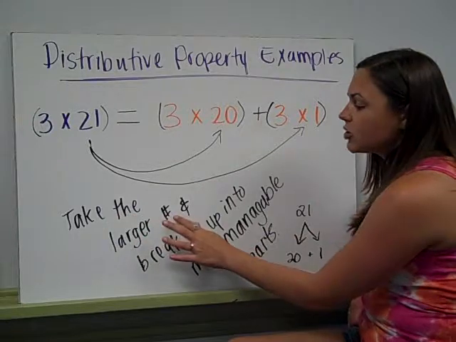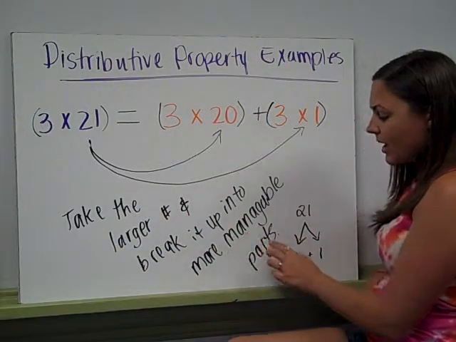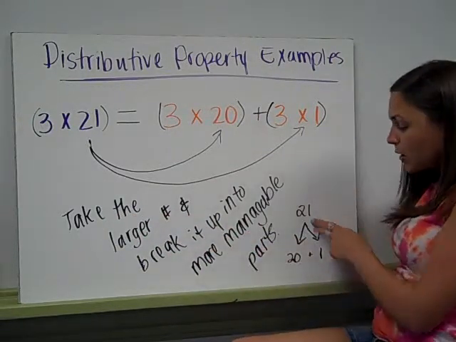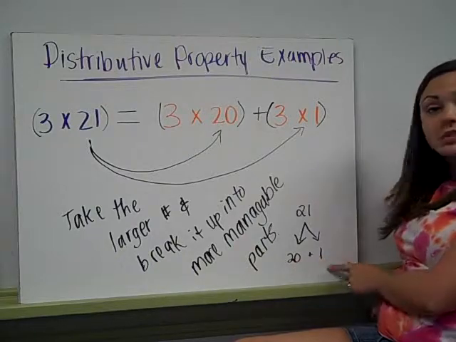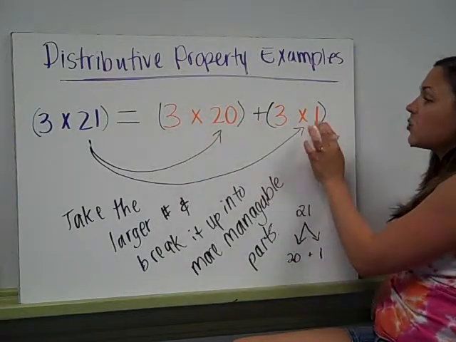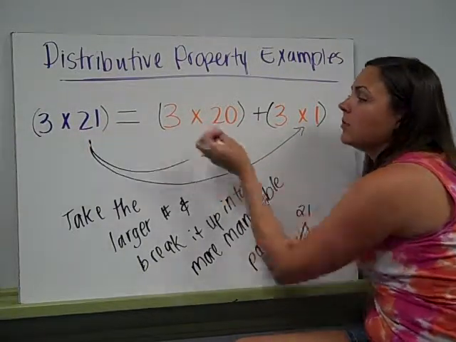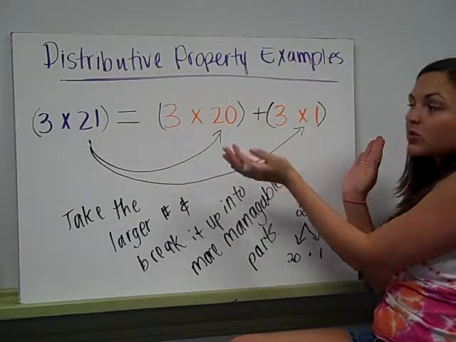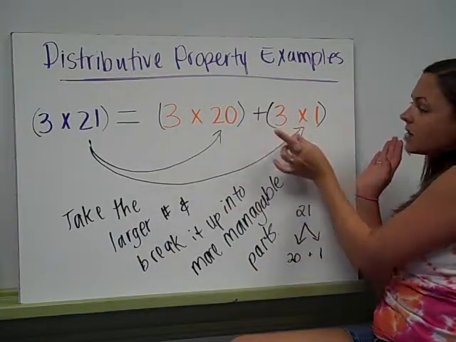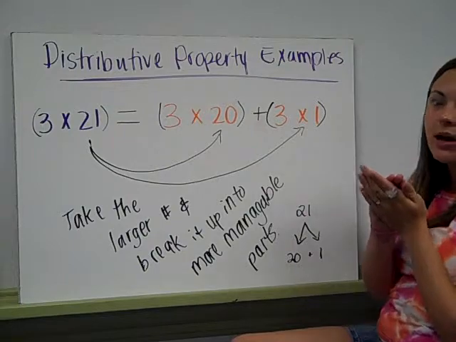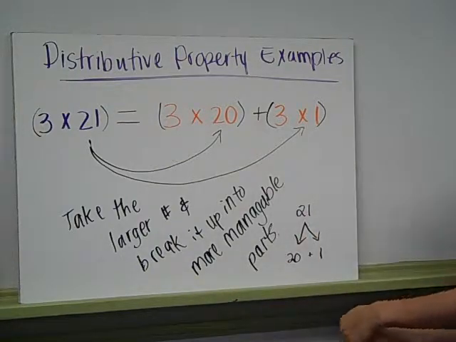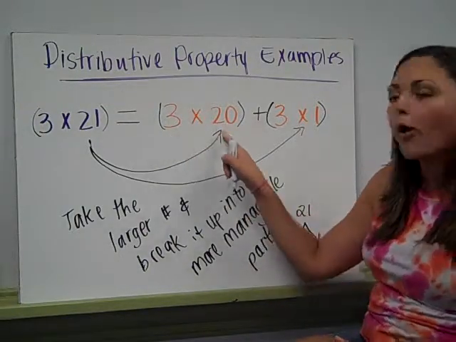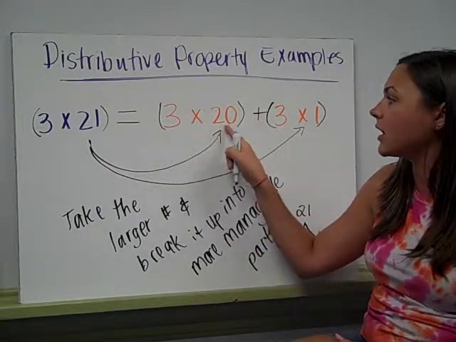You want to take the larger number and break it up into more manageable parts. That's why I took the 21 and broke it up into 20 plus 1. I'm just taking the same problem and making 2 simpler problems so then I can solve this one, I can solve this one, and I can add them back up. When I solve this problem, I have 3 times 20.